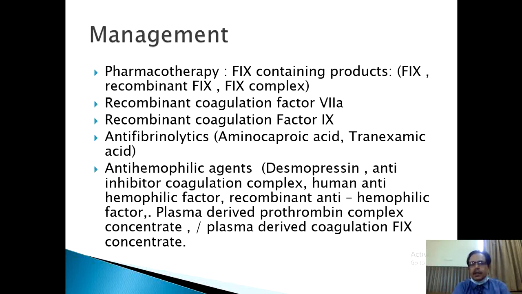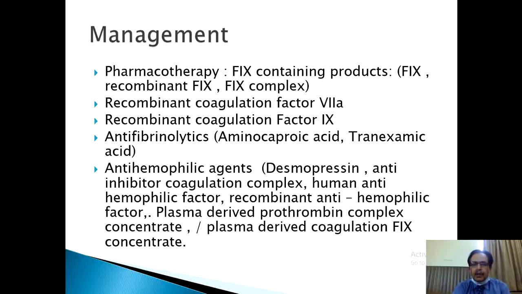These are the mainstay of our treatment in cases of hemophilia B. Then recombinant coagulation factor 7A can also be used as an alternative in hemophilia B patients. Sometimes the recombinant coagulation factor 9 mentioned earlier in the first line is also the drug of choice.